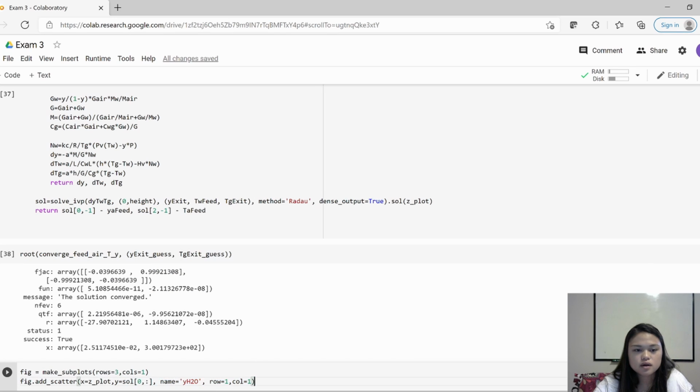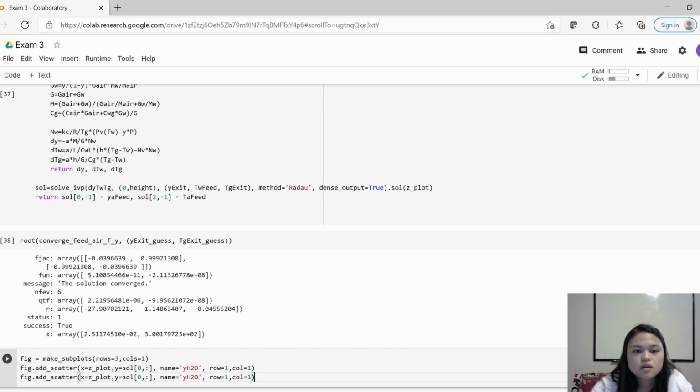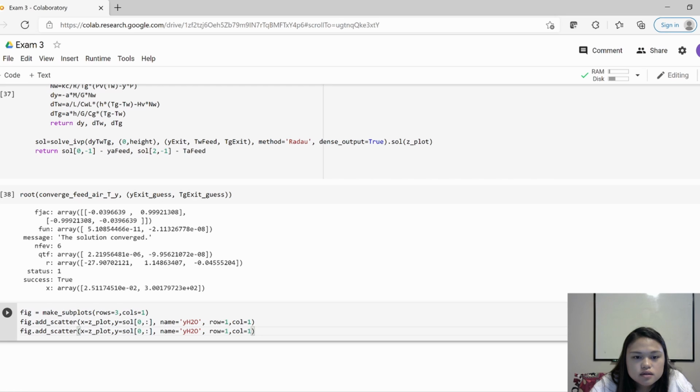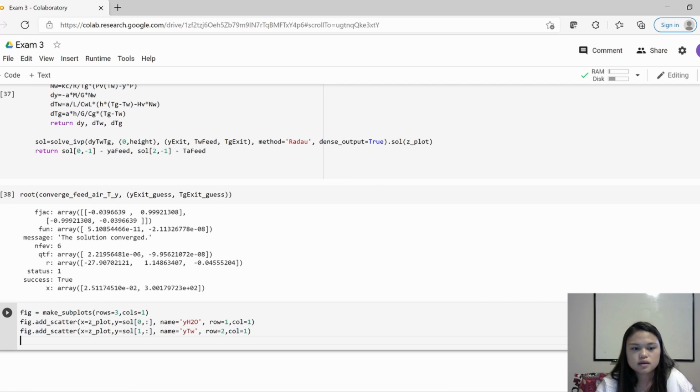Okay, so now I want to copy and paste this because the rest of the scatters are just going to look similar. And instead of 0, it's going to be 1 for that temperature of the water. Switch the names, and this is going to be row 2. And now the same thing, but for the temperature of that gas. It's going to be row 3.